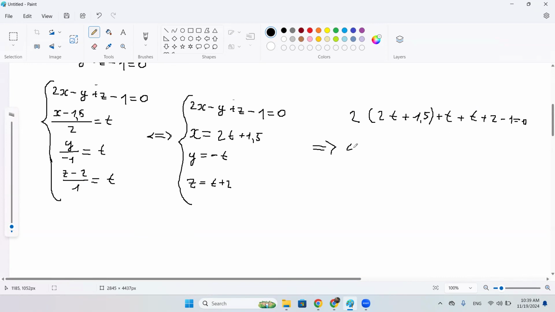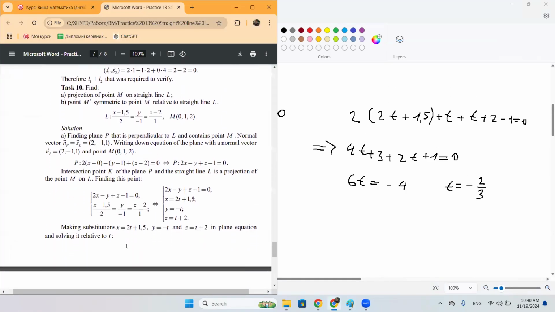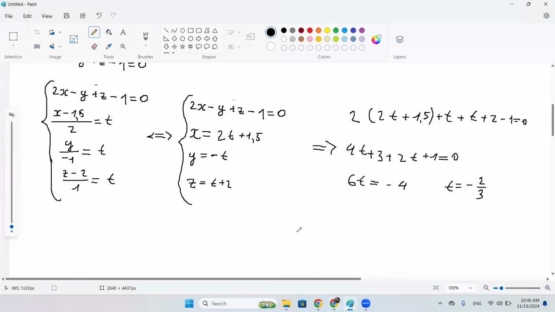So what we have, 4t plus 3 plus 2t plus 1 equals 0. And finally, 6t equals minus 4. So t equals minus 2/3. Now let me check if everything is solved correctly. Yes, so minus 2 by 3.